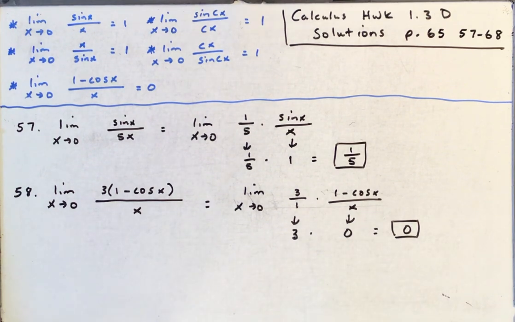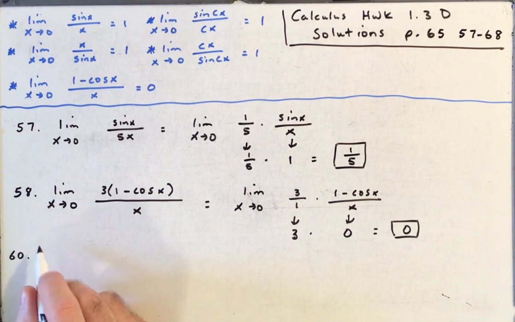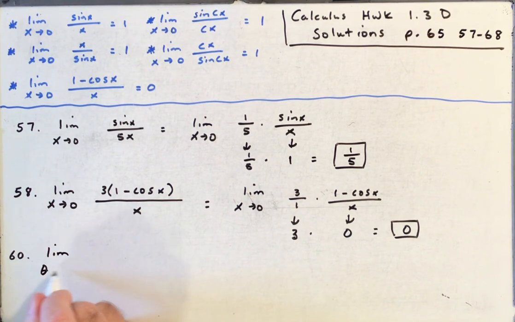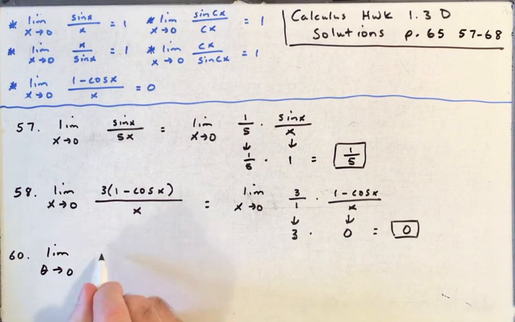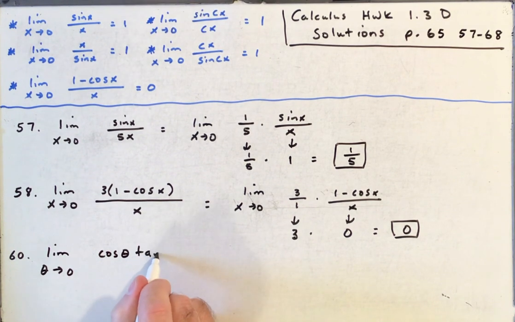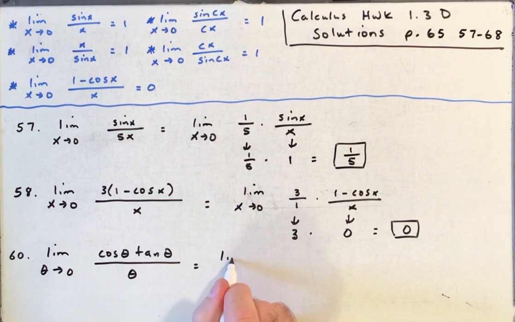Okay, the next one, number 60 is not real big, so we'll go back and do 59. 59 takes up a little more space. Let's do 60 real quick. Limit as theta approaches 0 of cosine theta tangent theta over theta. All right, let's change that tangent to sine over cosine.